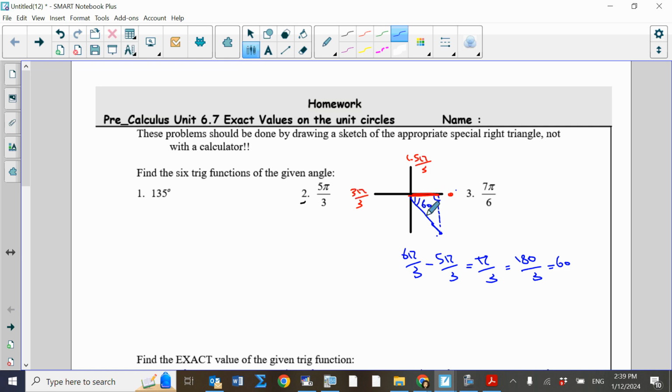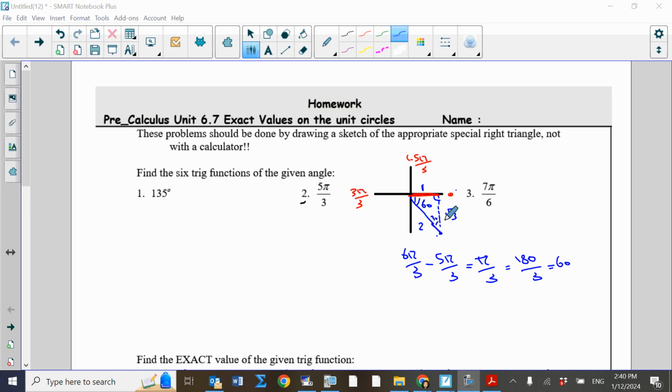This angle is 60, this one will be 30. So we have a 30-60-90 triangle, and the ratio of the sides will be 1. Opposite 30 is 1, opposite 60 is root 3, and opposite 90 is 2. So these are the ratio of the sides.